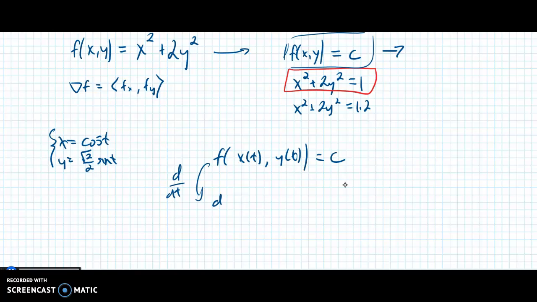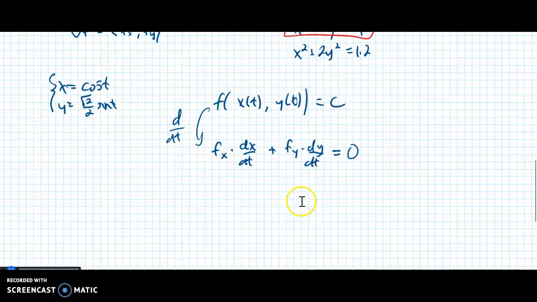Well, I'll write it in the easy way, f sub x times dx dt plus f sub y times dy dt. That would be the derivative of the left side with respect to time, is equal to, well, if I've got a constant on the right side, it doesn't change as time changes, so I get 0.